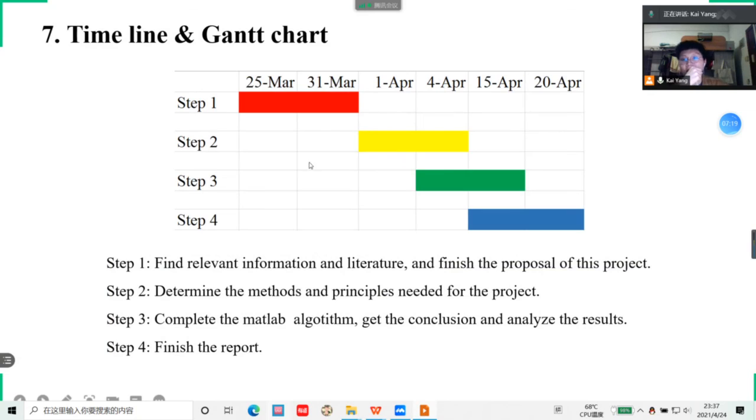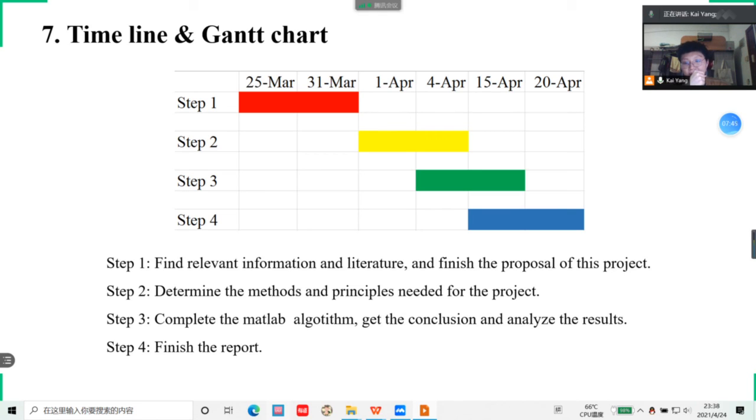Let's move on to the timeline of this project. This figure is our Gantt chart. In step 1, we find relevant information and literature and finish our proposal for this project. Step 2, we determine the method and the principle needed for the project.